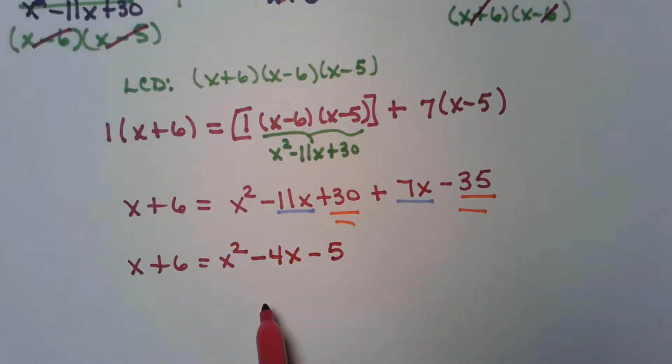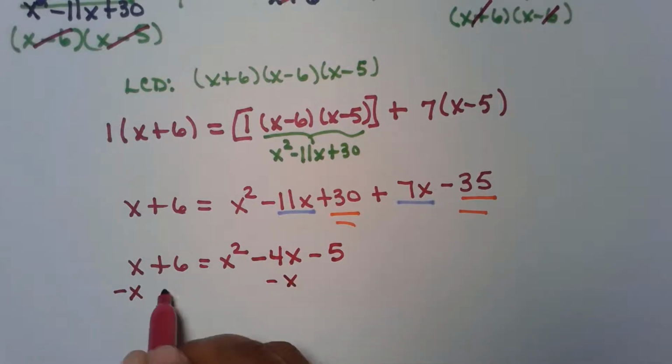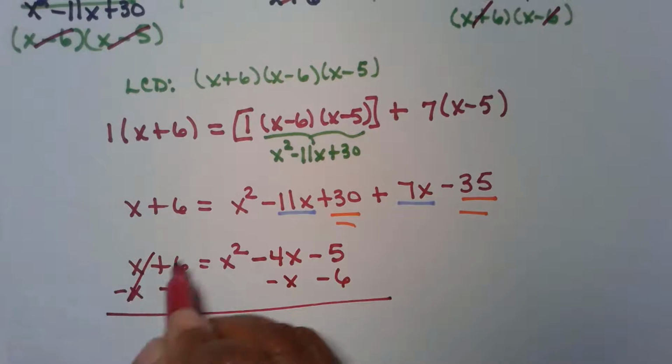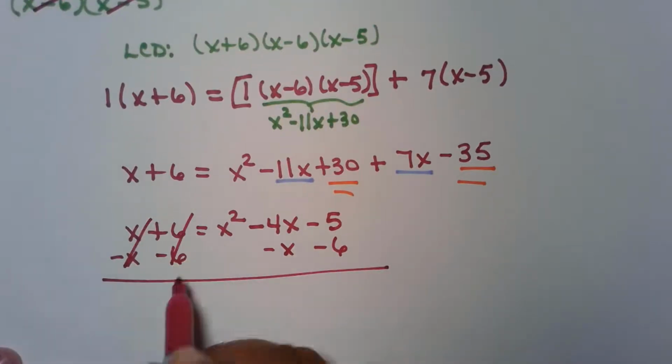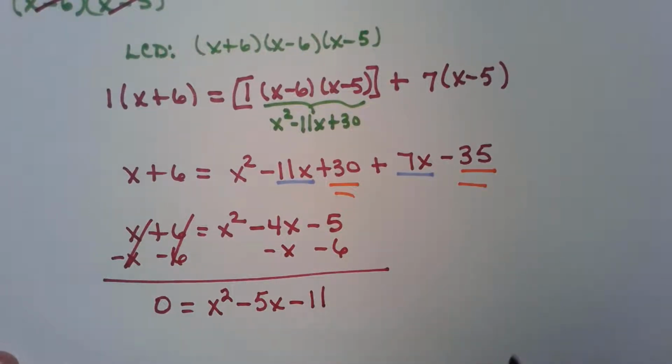Let's set this equation equal to 0. So we're going to subtract x from both sides, and we're going to subtract 6 from both sides. We have 0 is equal to x squared minus 5x minus 11.